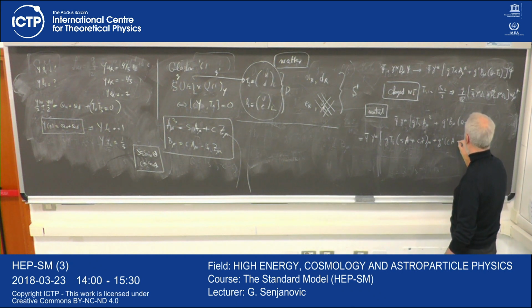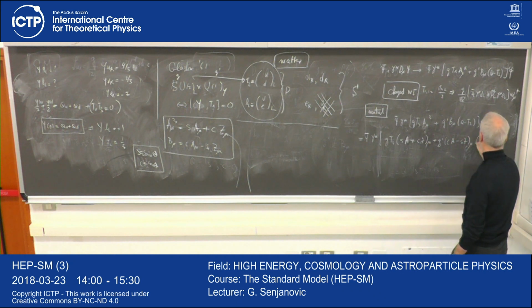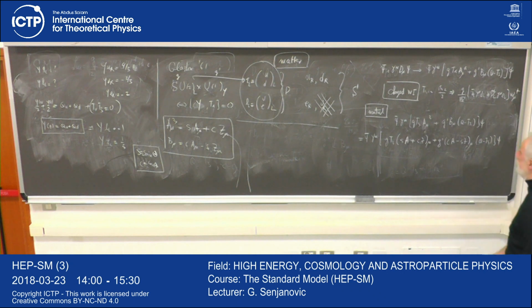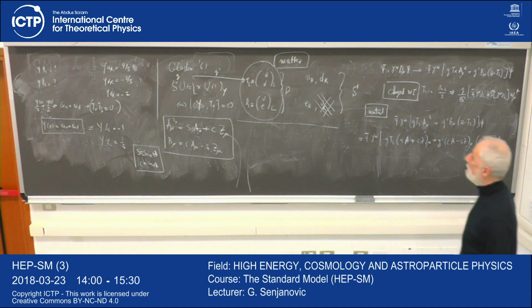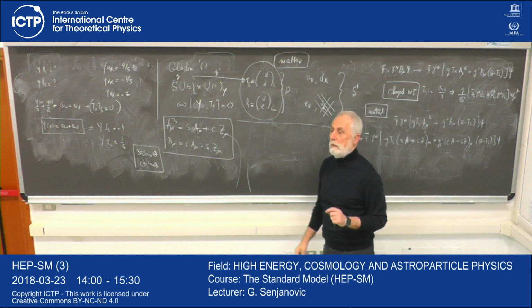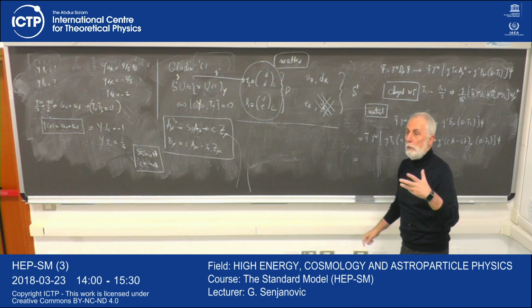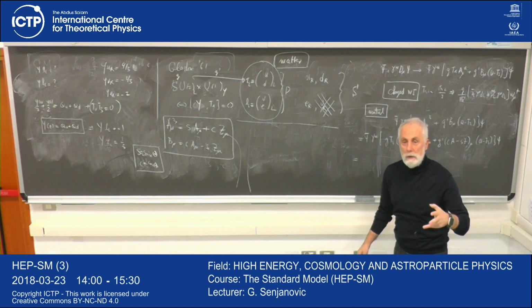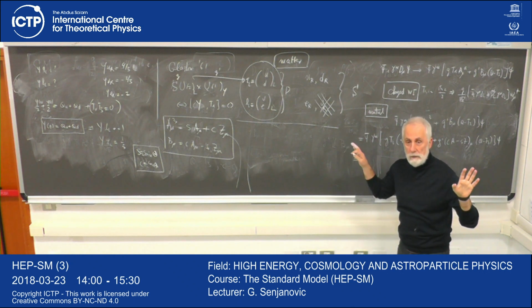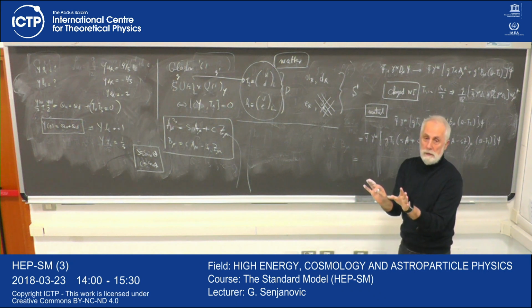C A minus S Z mu, times Q minus T3. Fine. Okay, this is Glashow 1961. Notice that there is no mention of some Higgs particle or whatever. Okay, I'm just constructing the structure.